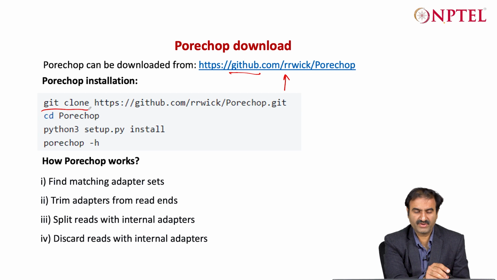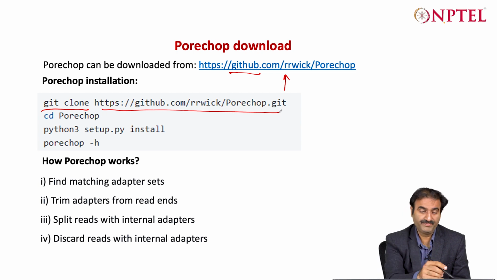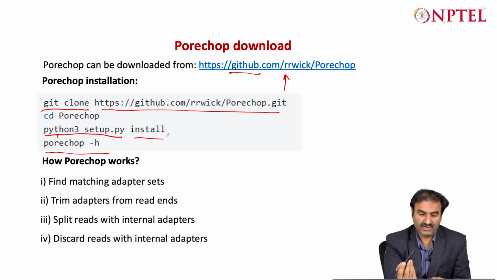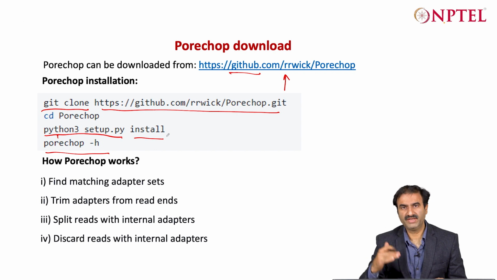So get it from GitHub by using this command with the path of the program at GitHub. Go to the directory, then python3, it's a Python program, and say install, and then it is installed. Once there is no failure message, that means it is installed correctly. Then you can run porechop -h, which will display all the help options.